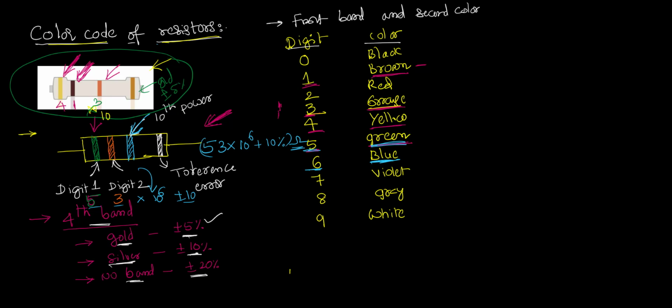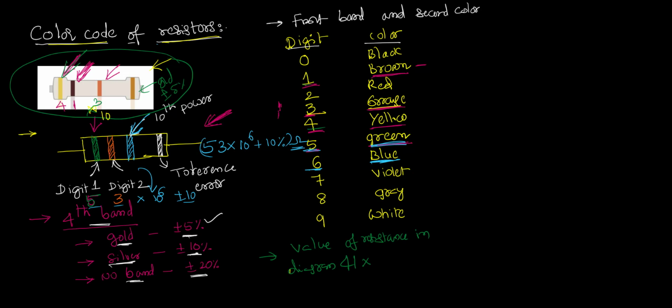The first one is yellow. So the value of that resistance in the first diagram: yellow means 4. Next one is brown. Brown means 1, so 41.